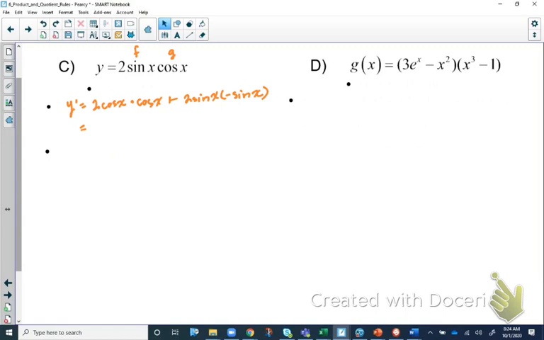So here I'm going to get a 2 times cosine squared x minus a 2 sine squared x, and I'm going to factor out the 2, so that'll give me 2 times cosine squared of x minus sine squared of x.